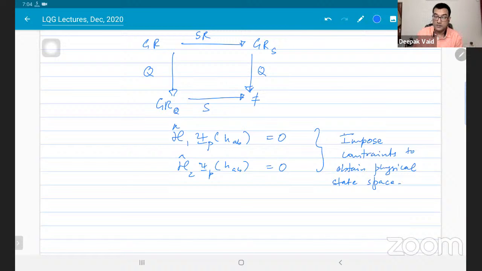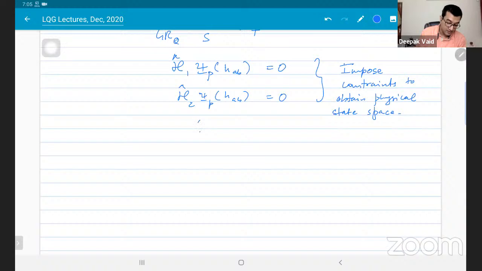So the non-polynomial nature of these constraints makes it impossible to solve them, basically. Okay. At least this was the situation in the canonical program until Ashtekar's work.